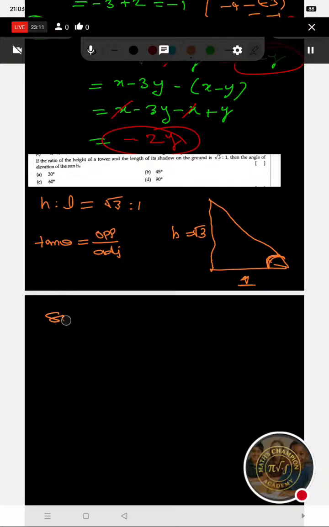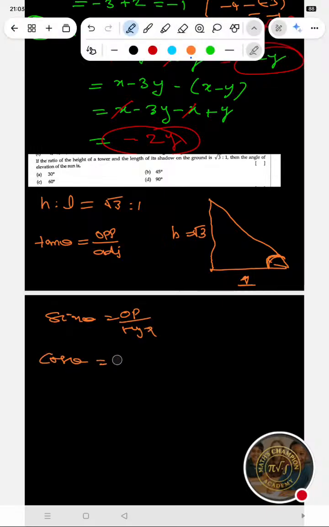Sin theta is opposite by hypotenuse, cos theta is adjacent by hypotenuse, the hypotenuse cancels, so tan theta is opposite by adjacent, that is root 3 by 1.